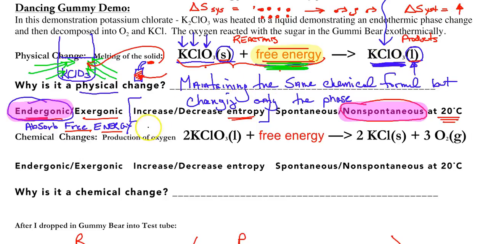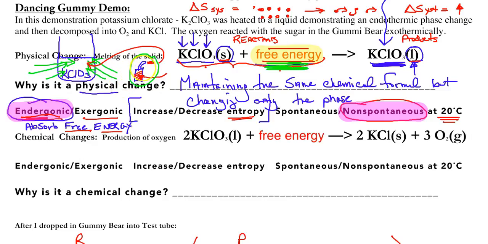Now, if you said, Mr. Grodsky, what about the change of entropy in the universe? Well, as you know, in order for a non-spontaneous endergonic process to occur, you have to couple it with something that's what? Exergonic. So the torch right here basically did the work to make this into a liquid. The free energy flowed from the concentrated source.